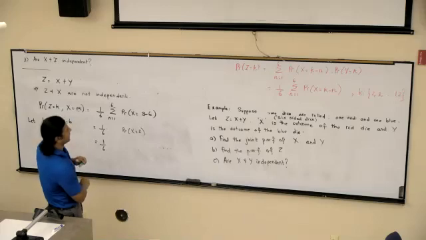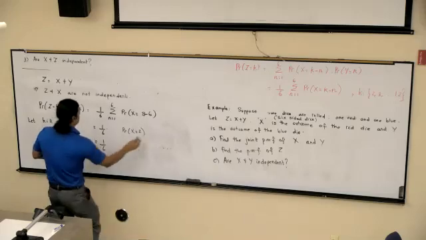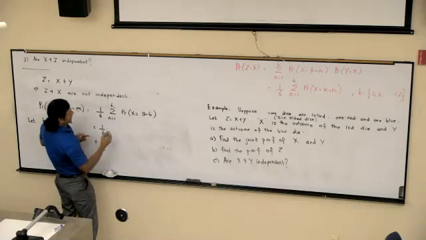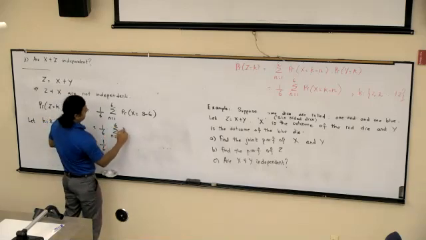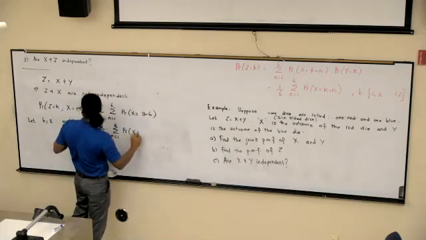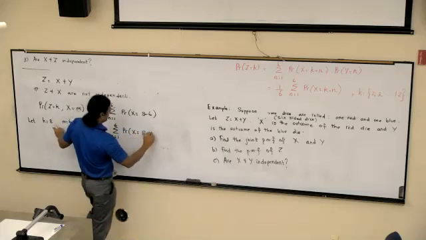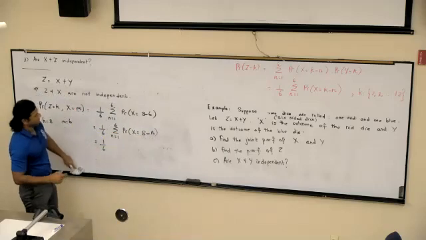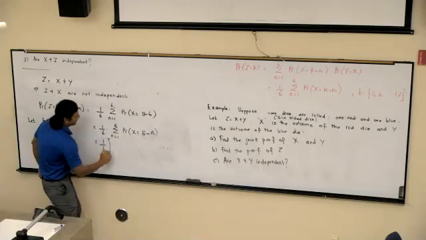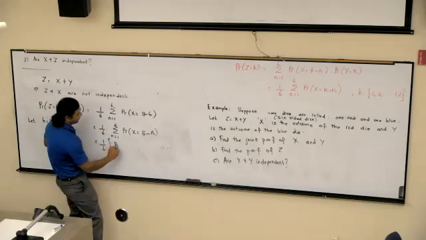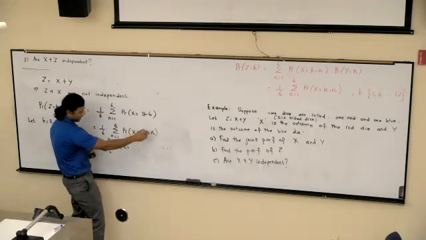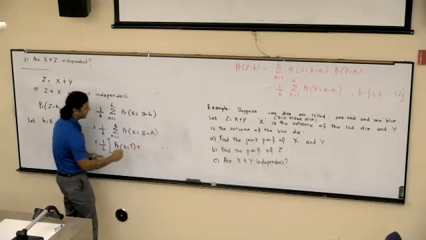Z is equal to k. No. Eight minus n. That's what it should be. So 1/6. When n is 1, I will write it as probability x is equal to 8 minus 1, which is 7.